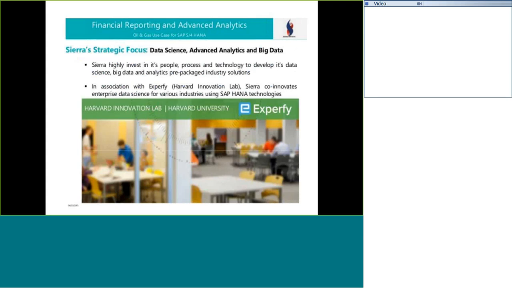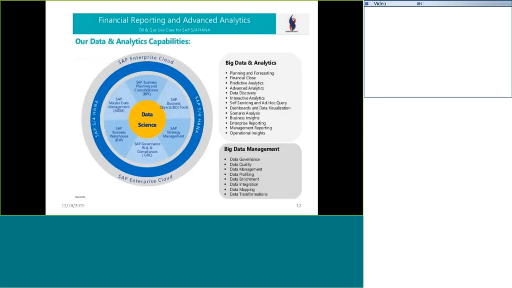Now, the strategic focus. So, this is the company analysis for S4, which covers business planning and consolidation, business planning objects, strategic management, risk and compliance, business warehouse, master data management system. Here, we are integrated to big data because of the total data which we store in the HANA system, right?